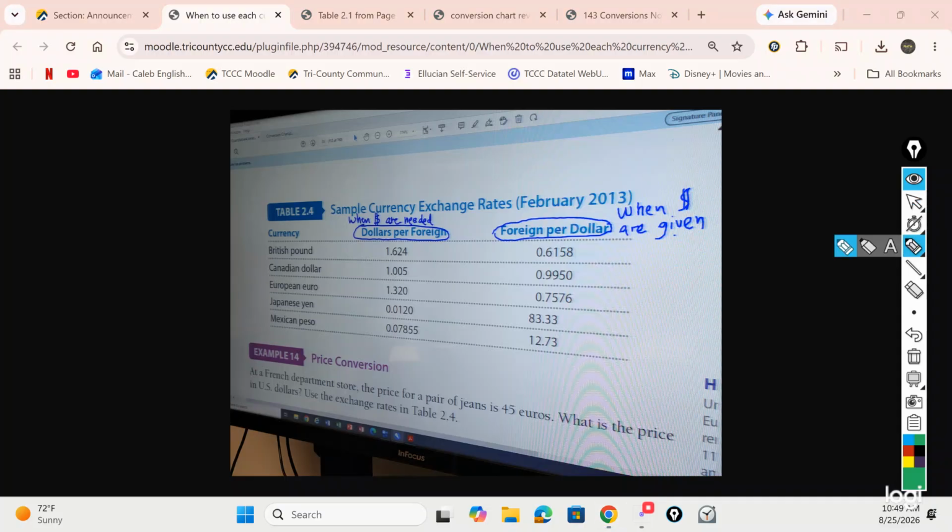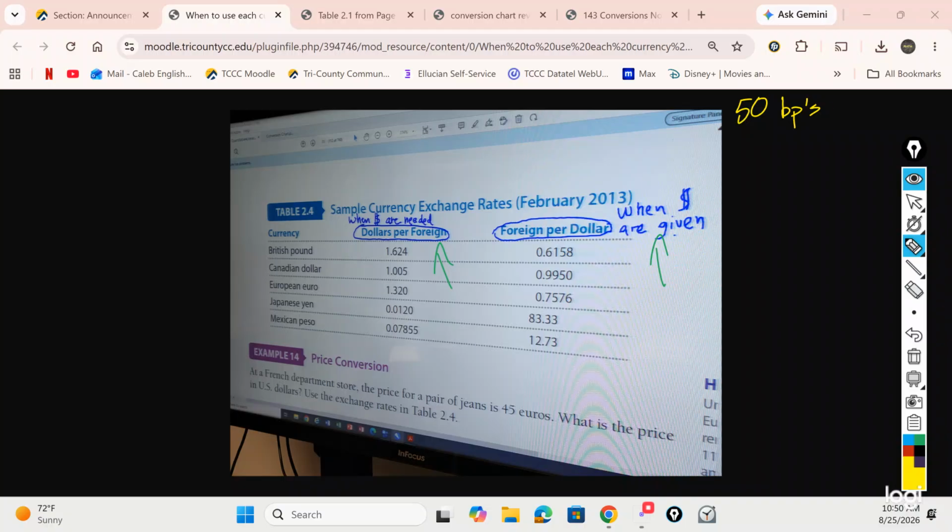So yeah, dollars per foreign is when dollars are needed. Foreign per dollar is when dollars are given. These are multiplication factors, okay? So let's say that you have 50 British pounds, all right? I don't know what the symbol for that is, and even if I did, I couldn't draw it.